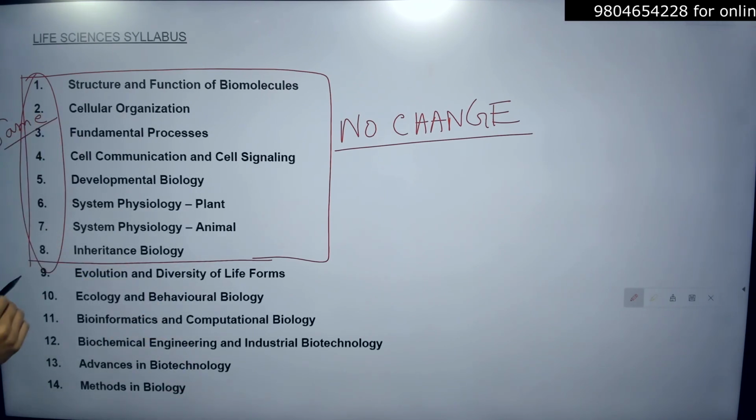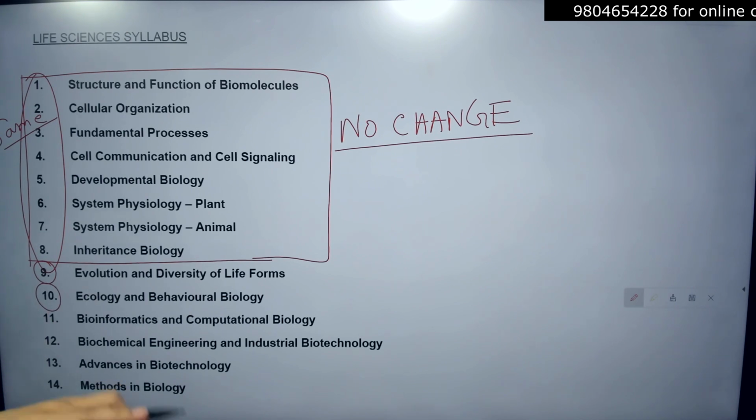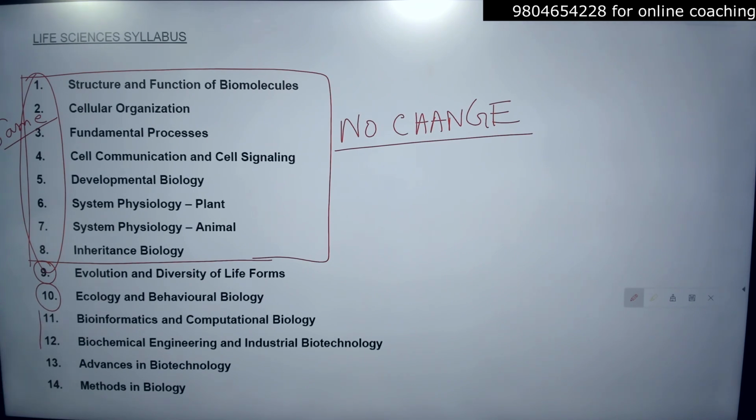Now the change has been made in units 9 and 10, and there will be change in units 11 and 12. Units 11 and 12 are completely new units that are added.